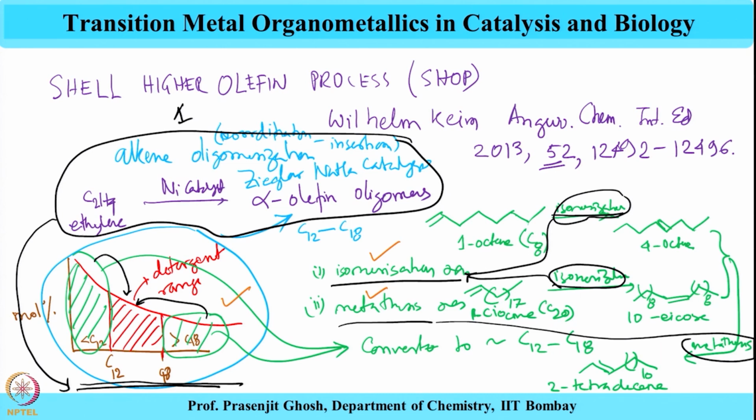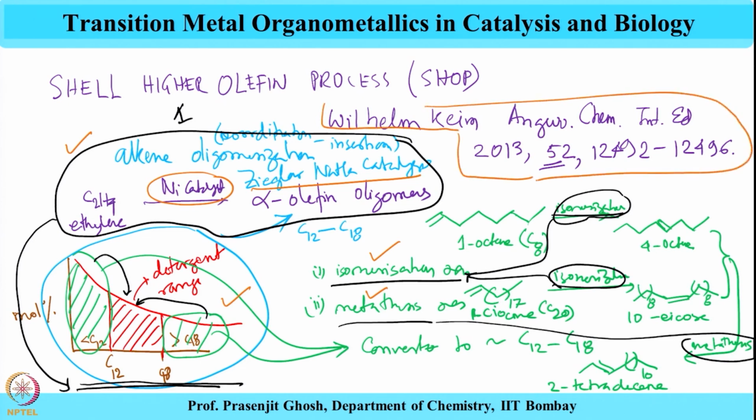However, we have not looked into this oligomerization process using nickel catalyst, and in today's lecture we are going to focus on this alkene and alkyne oligomerization using Ziegler-Natta catalyst as a part of the SHOP chemistry, and all of it is nicely reviewed by this William Keim article given in Angewandte Chemie 52, 12492 to 12496.